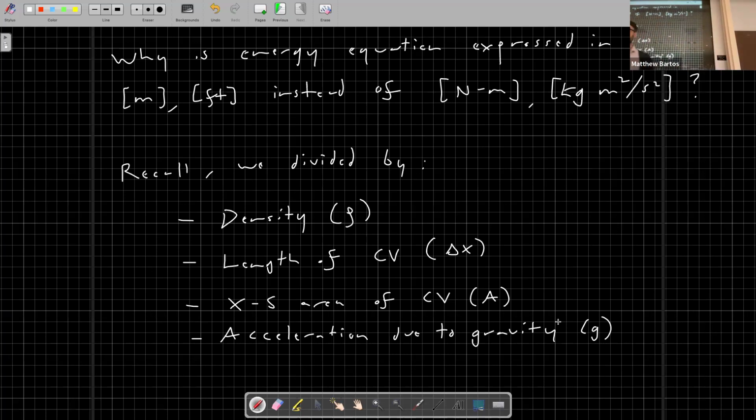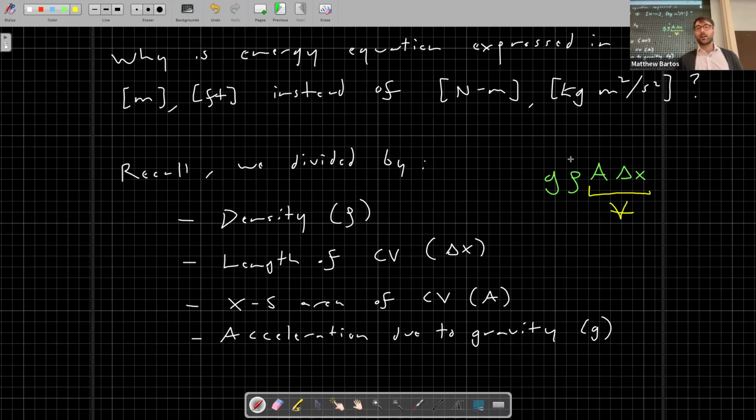So that would be in units of length instead of units of energy. Let's think about what we divided by. We divided by g times rho, the density, times the cross-sectional area, times the length of the control volume. The cross-sectional area times the length of our control volume is the volume of our control volume.